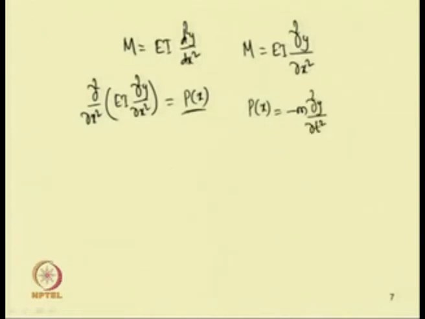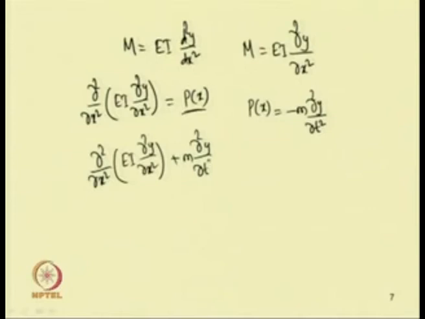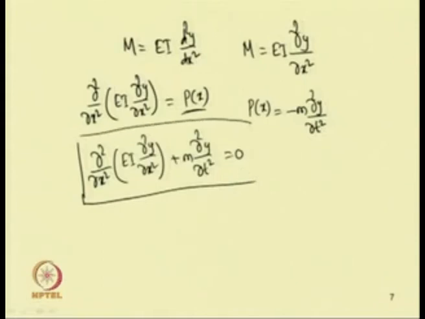Here del square y by del t square is the acceleration, m is the mass, and the force acts opposite to the acceleration. So the equation becomes del square by del x square of E I del square y by del x square plus m del square y by del t square equal to 0. This is the Euler-Bernoulli beam equation.